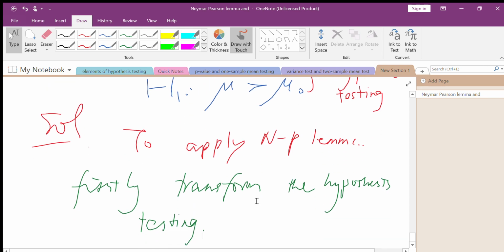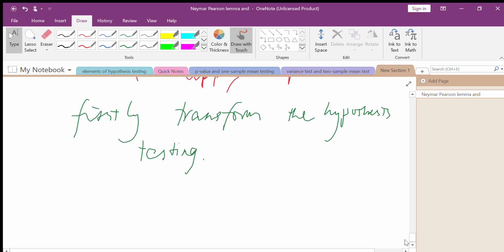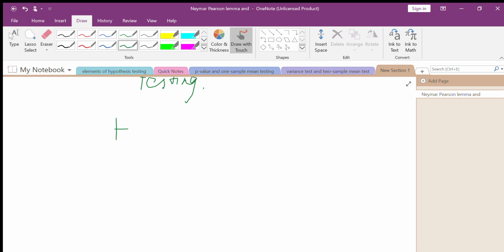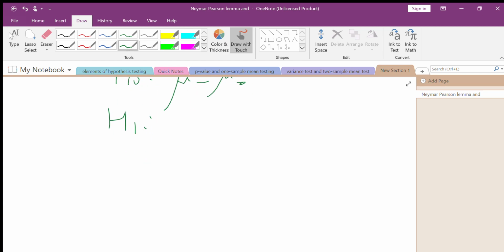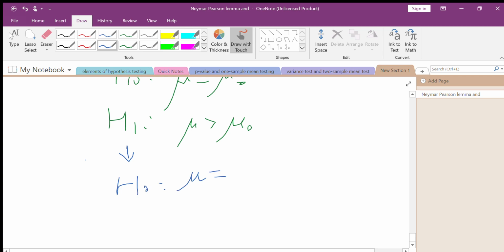So the hypothesis testing is H0: mu equals mu 0, H1: mu greater than mu 0. Because we would like to apply the Neyman-Pearson lemma, which handles the situation of simple hypothesis testing, we transform it to a simple hypothesis testing. For the null hypothesis, it remains because it's a single value. For the alternative hypothesis, we specify mu equals mu 1 and mu 1 greater than mu 0.